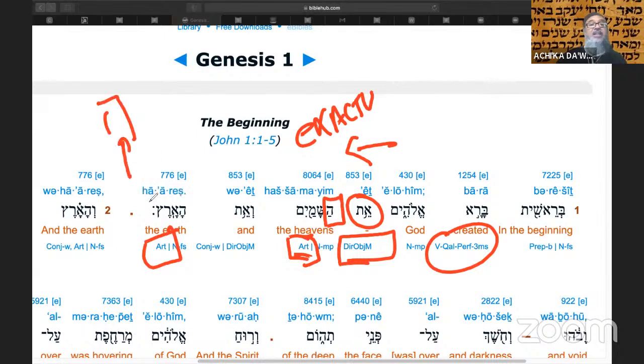It lets you know that I'm not talking about an earth. I'm talking about the earth, this earth. So your focus should be on exactly where he's pointing the arrow.